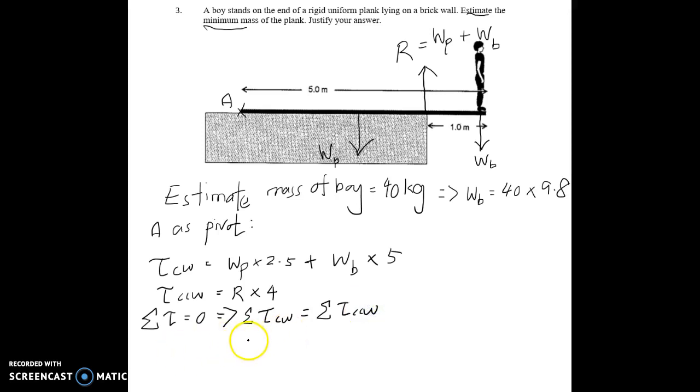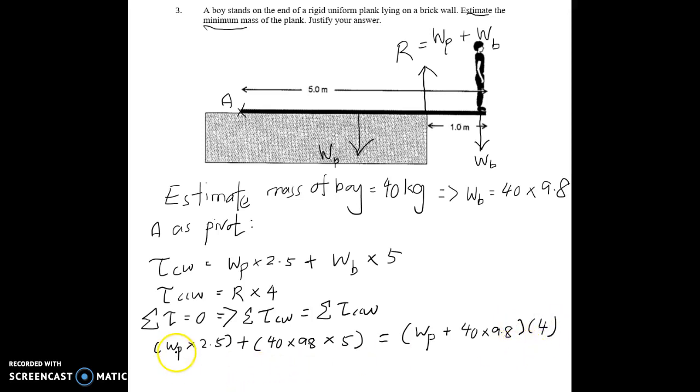If that's the case, let me do some quick mathematics. WP times 2.5 plus the weight of the boy, 40 times 9.8, times 5, must be equal to the counterclockwise, which is R, that is WP plus the weight of the boy, 40 times 9.8, the whole thing times 4.